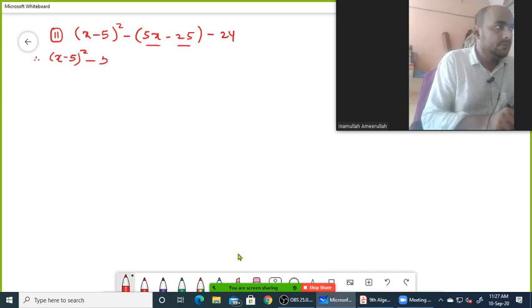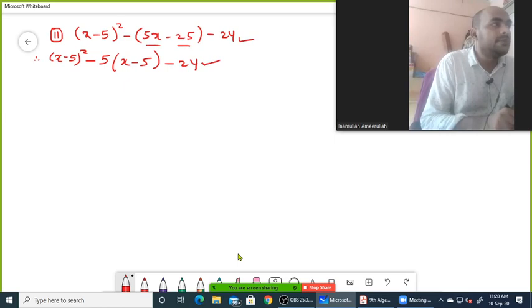So here I am taking 5 as common factor, so it will be left as (x minus 5) minus 24. So this polynomial can be written in this way by taking out 5 as a common factor from this bracket.